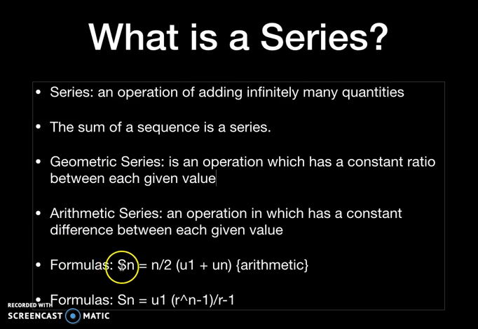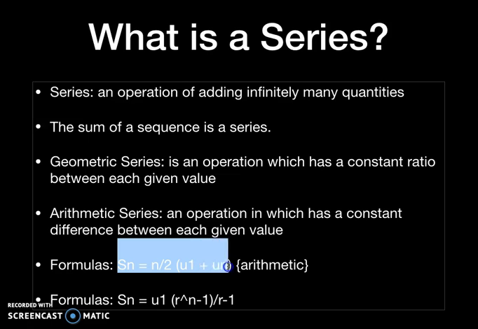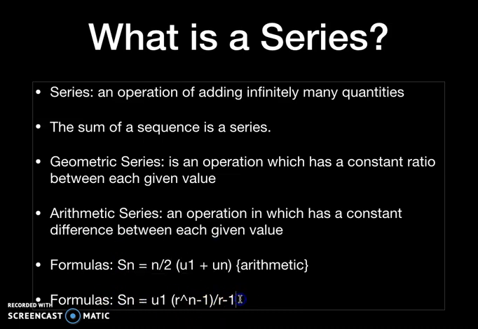So the formulas for each: for an arithmetic series, you have Sn equals n over 2, then open parentheses u1 plus un, and that's the arithmetic series formula. And then for geometric, Sn equals u1, open parentheses, r to the n minus 1 power, close parentheses, divided by r minus 1.